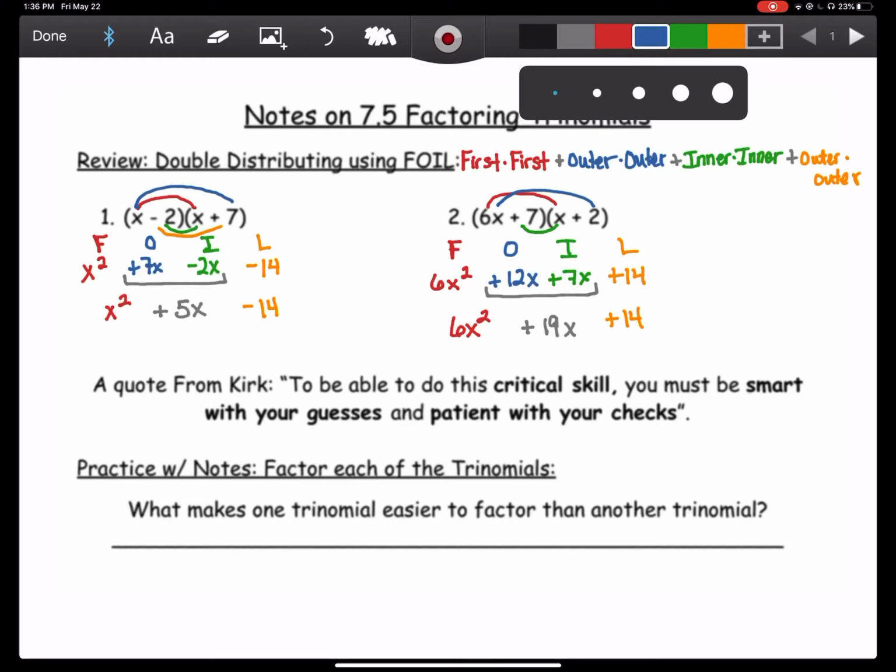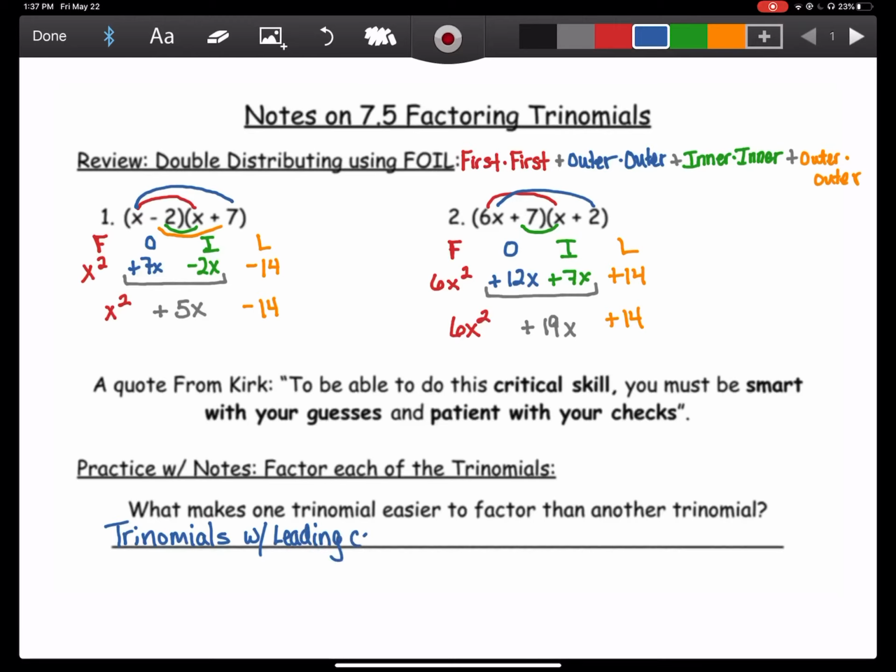So we're going to write: trinomials with leading coefficients of 1 are easier to factor.